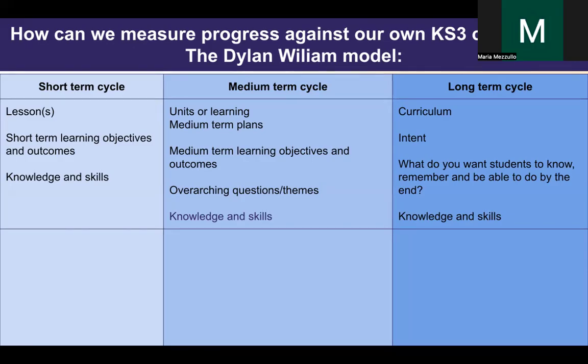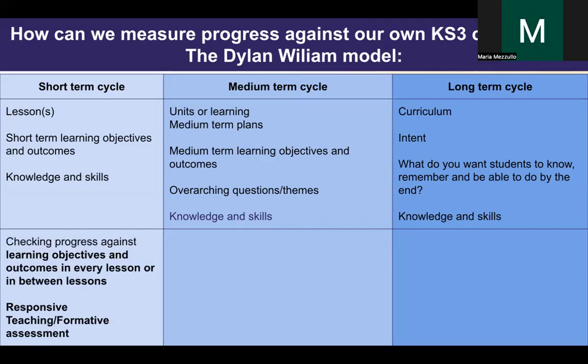Now, once you've got your curriculum set out like this, then your assessment model emerges from it. And this is where Dylan Wiliam talks about short-term, medium-term, long-term assessment. So in your short term, in your lessons, this is your checking progress against your learning objectives and outcomes for individual lessons. So what is it you want them to learn by the end of that lesson, either knowledge or skills, and what are the little mechanisms you're building in throughout the course of the lesson to check that?